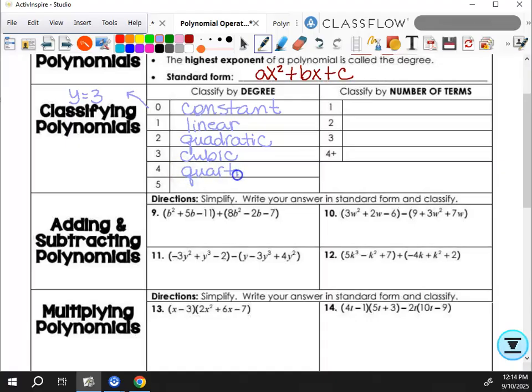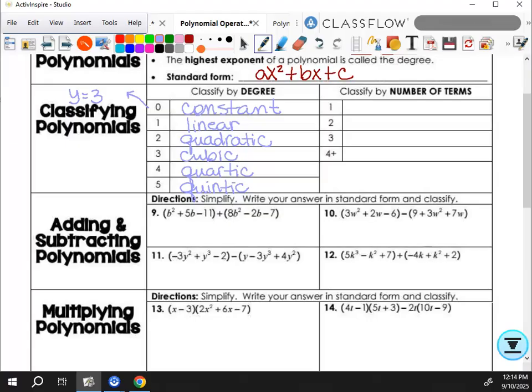How many quarts in a gallon? 4. Quartic is 4. 4 quarts in a gallon. See how you can remember that? All right. What about 5? Quintic. Very good. All right, and we could keep going, but we don't need to. We really don't talk about much past that.